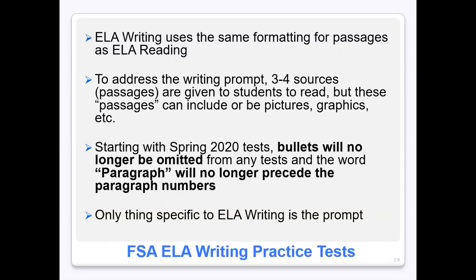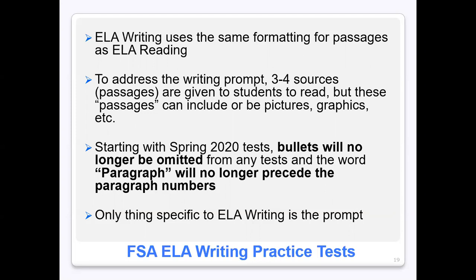And now that they were revising the reading tests and the math tests, now is a good time to make this change as well. So the reading tests and the math tests will be updated to include bullets and remove the word paragraph from the paragraph numbers, unless the word paragraph is shown in print.